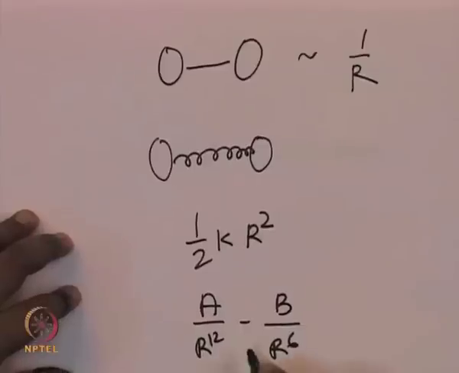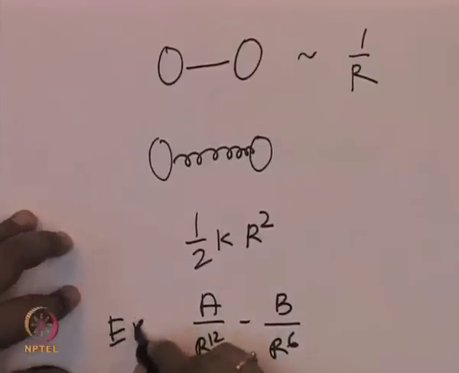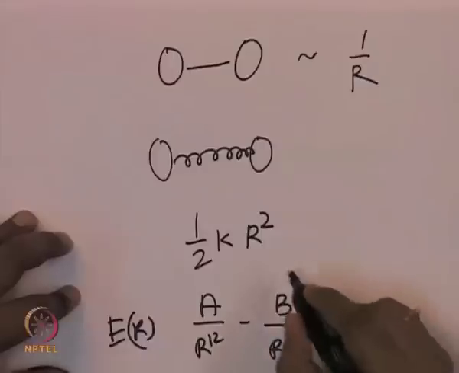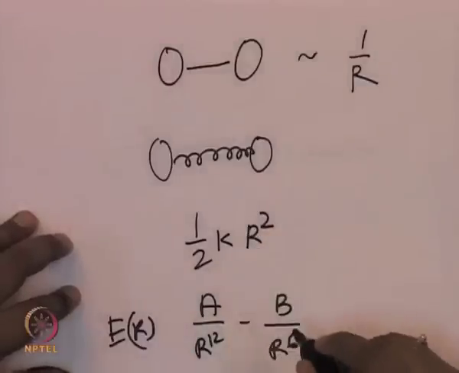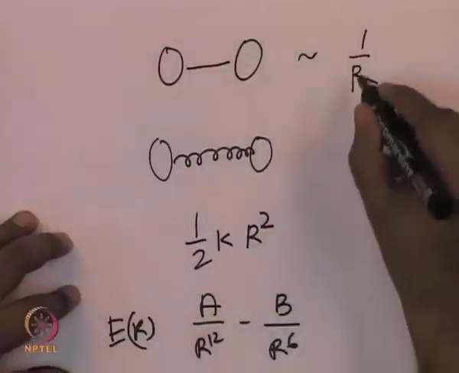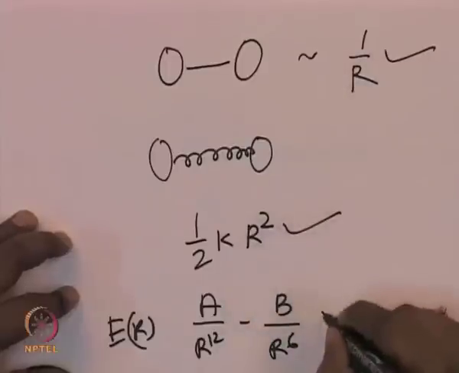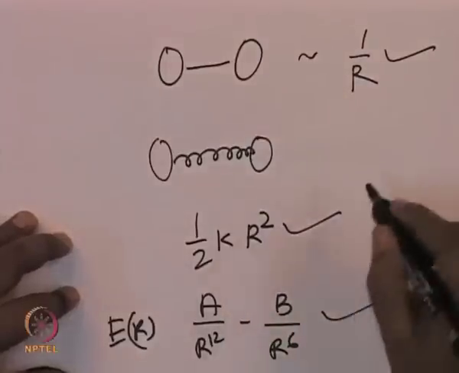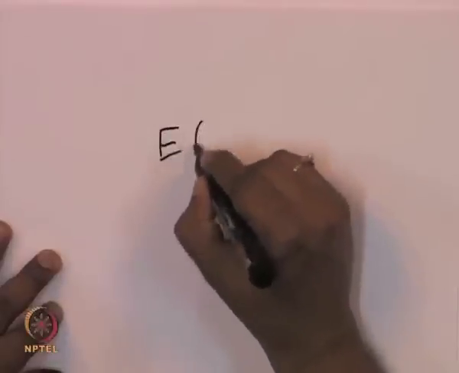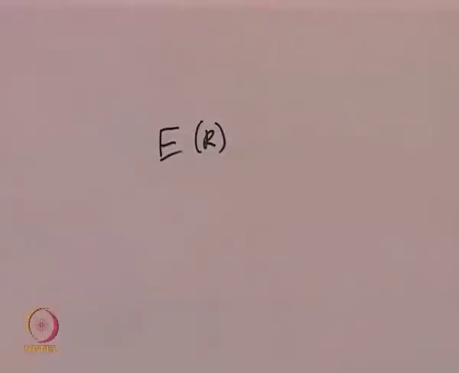You might have seen such a formula for energy. Depending on the interaction you will have different energy, but in all these cases, Coulomb energy, spring energy, van der Waals energy, energy is a function of the distance r. E is a function of r.